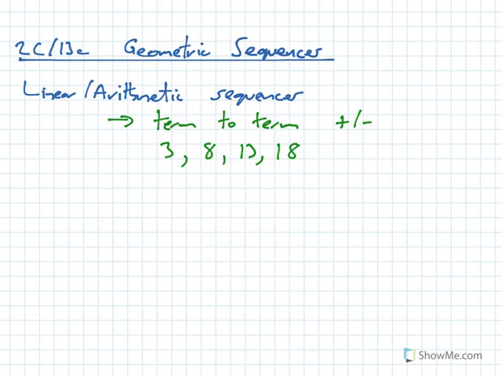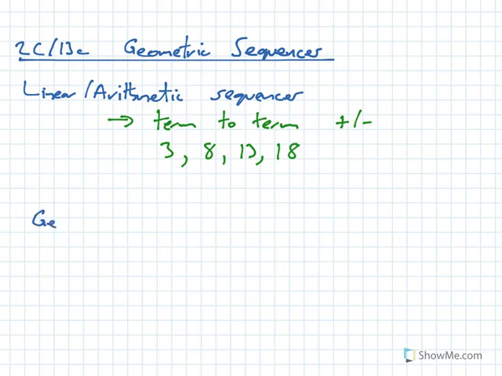Today what we want to look at instead is a geometric sequence. And geometric sequences aren't to do with adding or taking away, they're to do with timesing by something instead. You could look at it as dividing, but we're going to try and focus on it as a times instead.